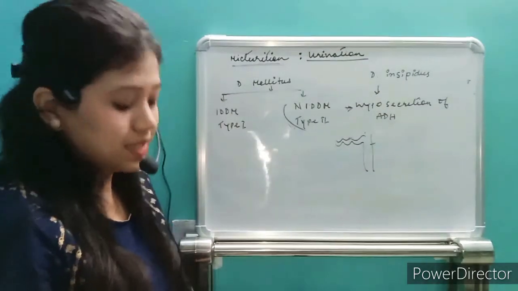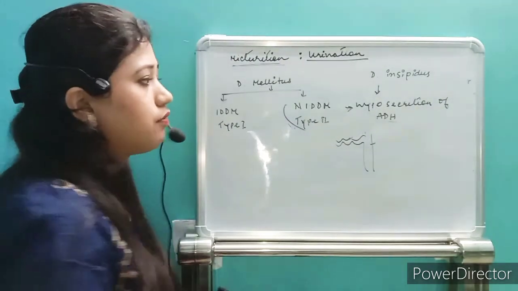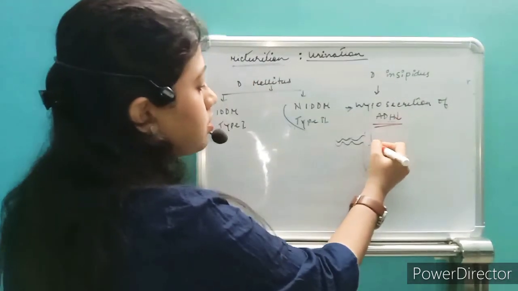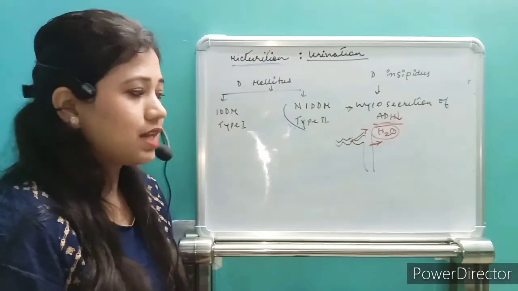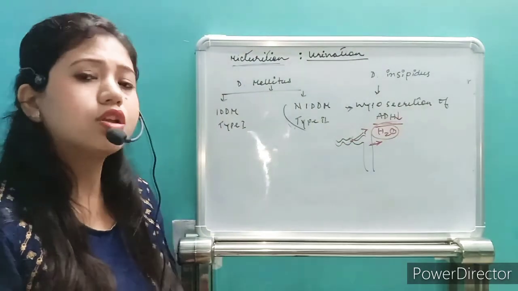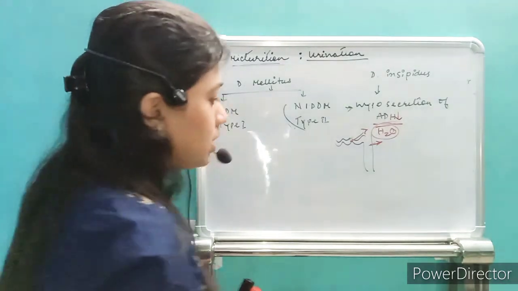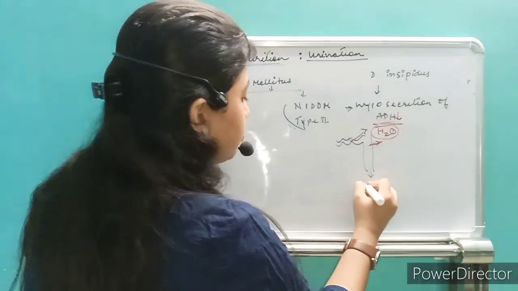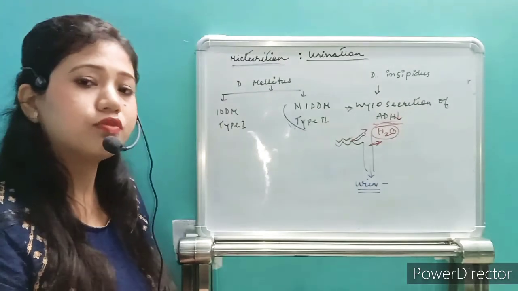So in diabetes insipidus, due to the hyposecretion or less secretion of ADH, the level is decreased. So water absorption from the DCT and collecting duct will not occur, or it will be decreased. And if water absorption is decreasing, the urine will contain more water. With the urine, water will be removed outside.